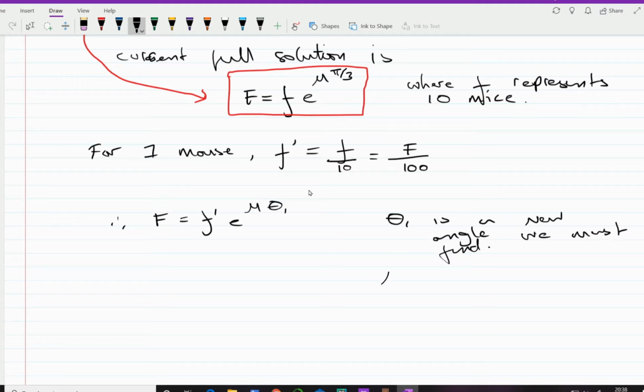Here I'm implying that there's an angle that we must find, which is θ1. Mu is an unknown, so my next workings will be to eliminate it.